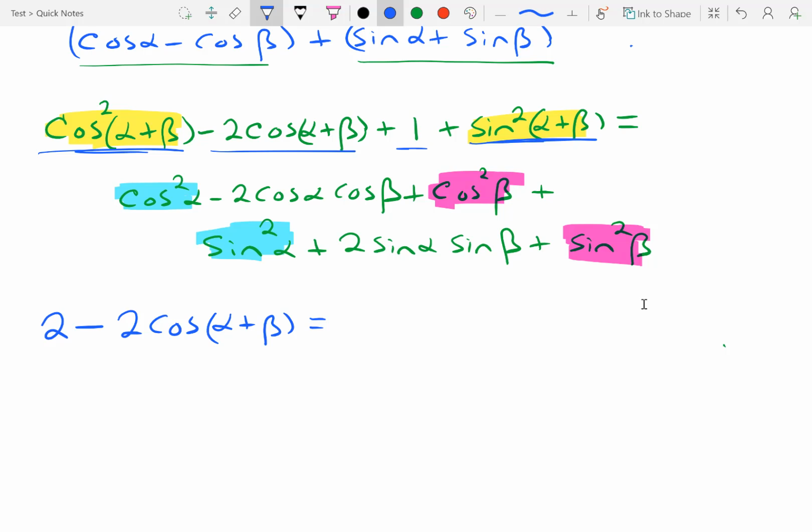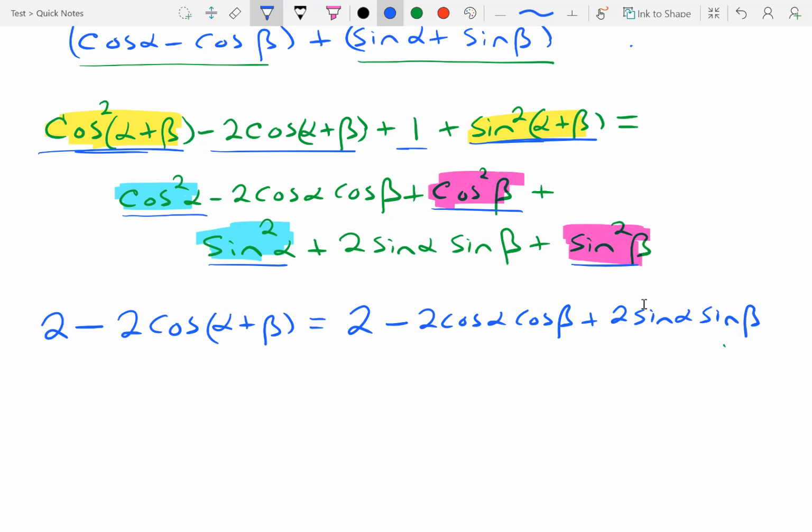On the right side, I've got this term and this term, which combine together to be 1, this term and this term, which combine together to be 1, so that's going to be 2. And then I've got these other two terms here. So that's minus 2 cosine of alpha cosine of beta plus 2 sine of alpha sine of beta.